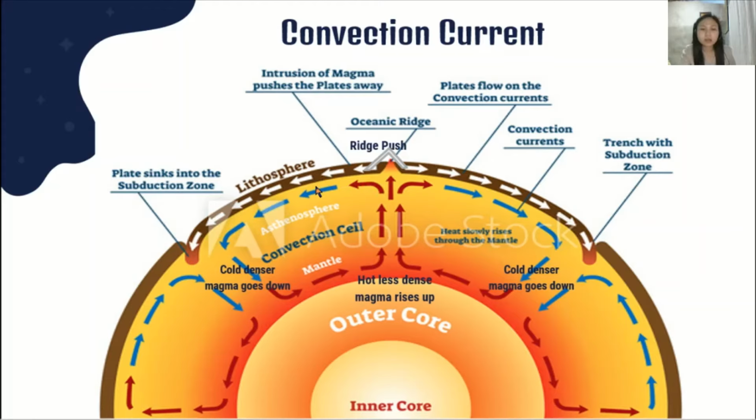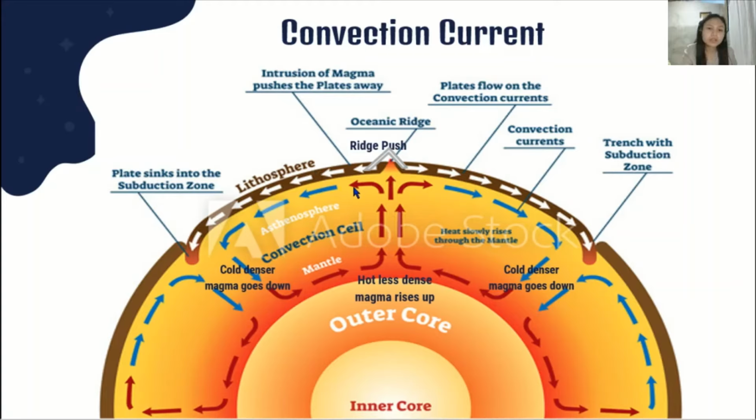That's why it becomes cooler. When it becomes cooler, it has a tendency to go down, because cooler temperature has higher density. And when you have a higher density, you have the tendency to go down.